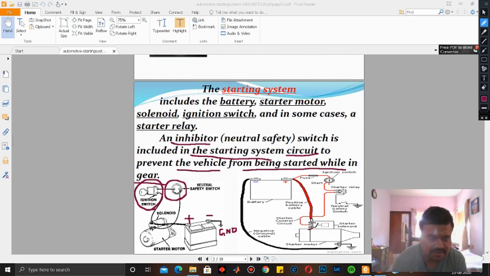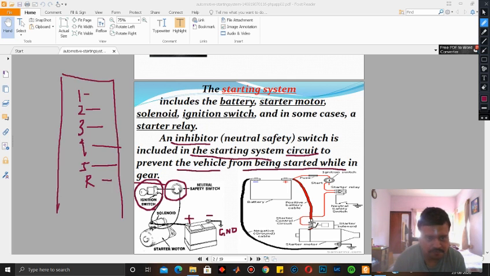So in a gear, if we see, there are 5 levels: 1, 2, 3, 4, 5 and R. This is the gear of a normal automotive vehicle, and R is the reverse gear, right? And when it is connected to none of these, it is not in gear and it is connected to the neutral.